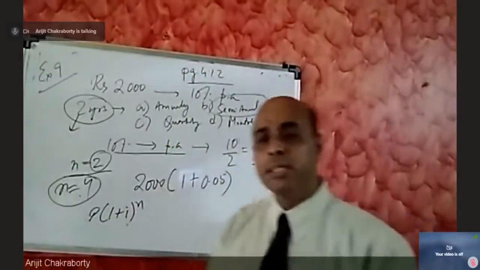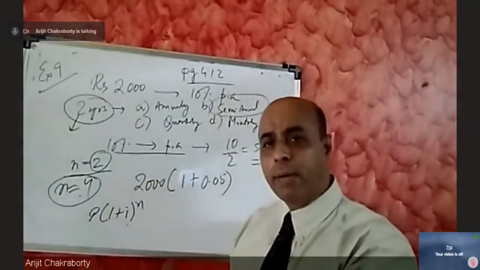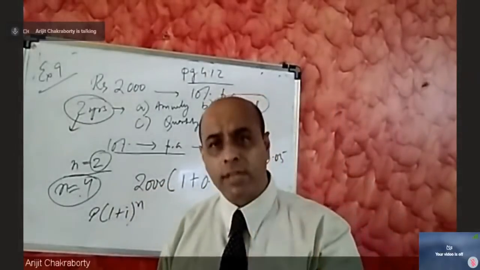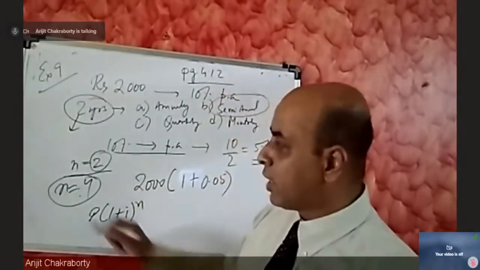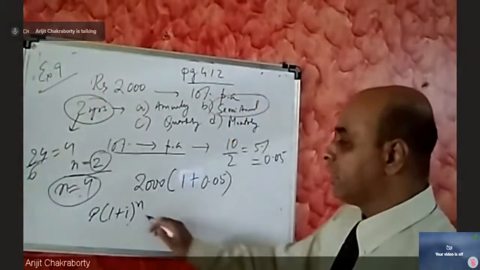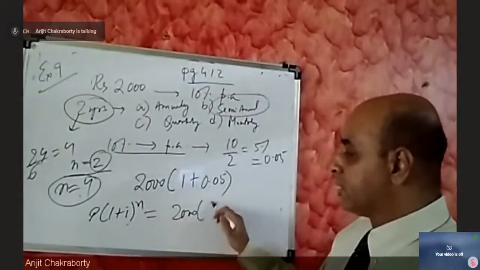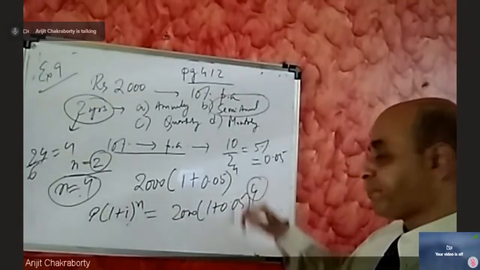So 2 years means there are 4 conversion periods, because the compounding is done every 6 months. 2 years means 24 months, and 24 by 6 is 4. So the formula in this case is 2000 into 1 plus 0.05 to the power 4.